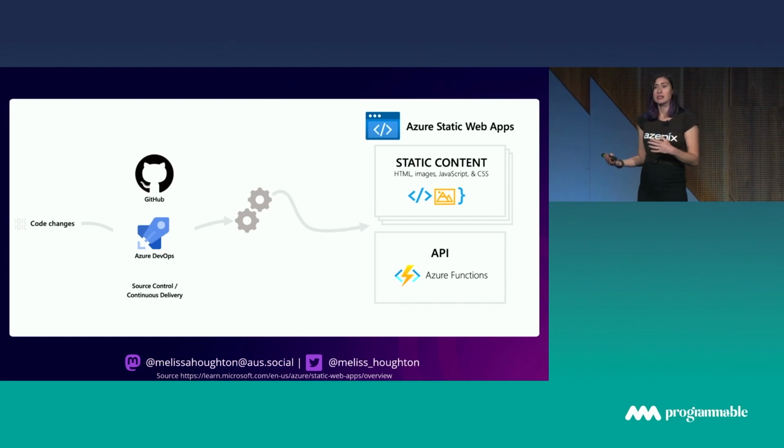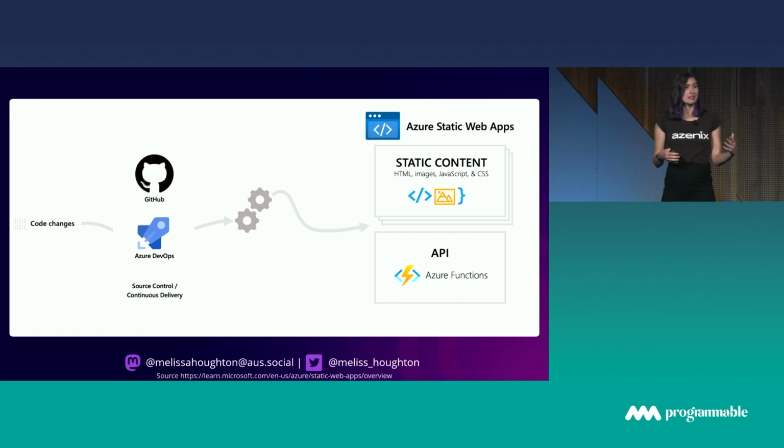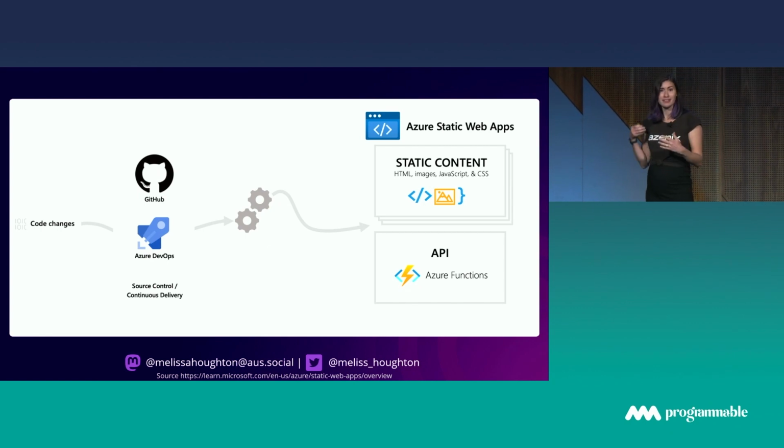And then on the back end, there's a few different API options, but natively built in is a managed option for Azure Functions. So you can have some really powerful APIs in the back end powering your static content all set up for you within the Static Web App service. Part of it being that serverless offering is it's doing a lot of that nitty-gritty configuration in the cloud that you might not have to deal with yourself.